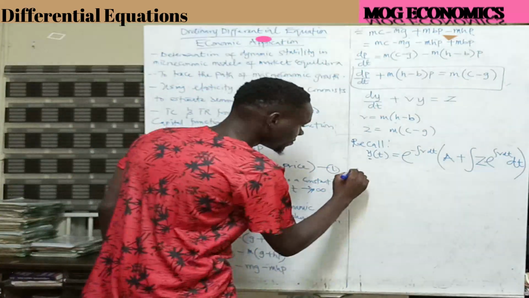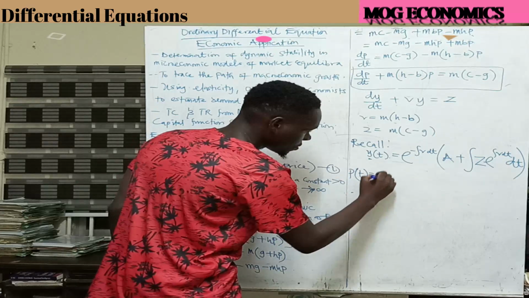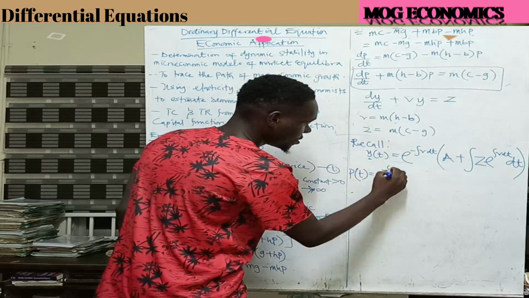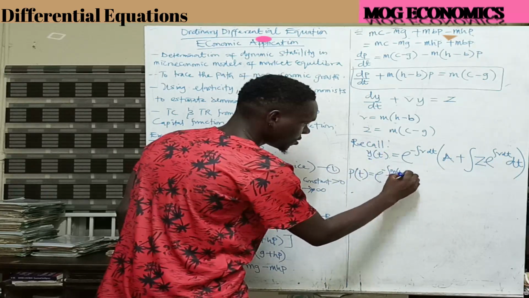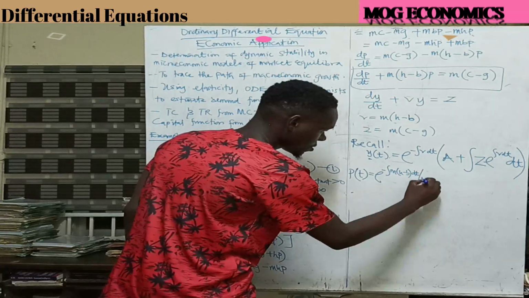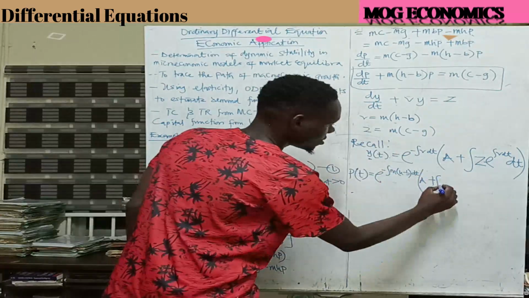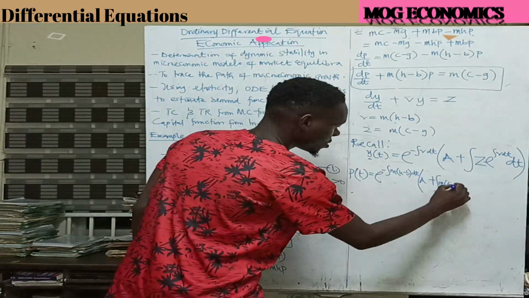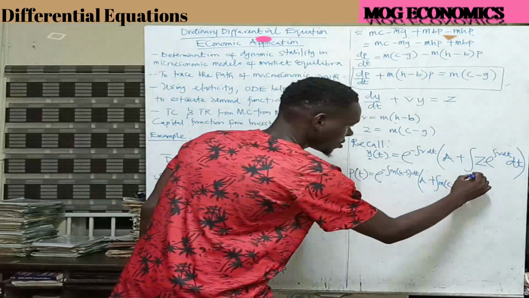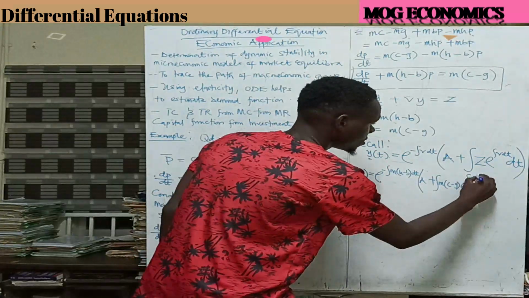So now we have our v is, our z is, our v again.